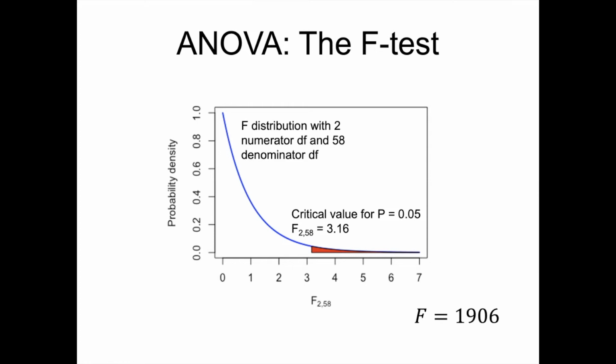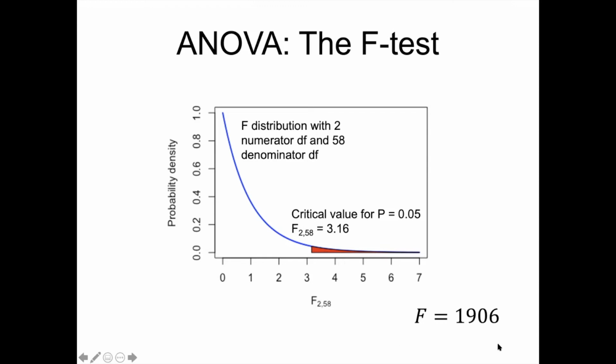The critical value corresponding to a p-value of 0.05 for an f statistic with 2 numerator degrees of freedom and 58 denominator degrees of freedom is 3.16. So if we calculate an f statistic that's bigger than that, then we would conclude that our p-value was less than 0.05. And so you can see that there's a very small chance of getting an f statistic in the range of 4, 5, 6, or 7 when the null hypothesis is true.